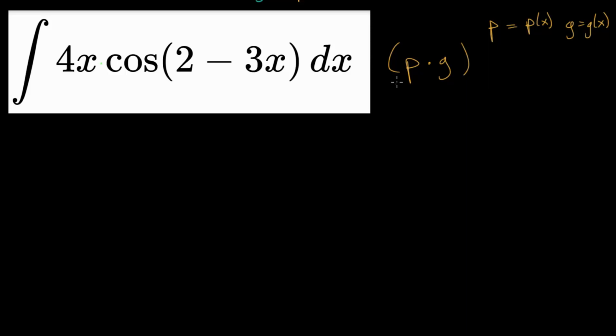If we have this product of functions and we take its derivative, this is equal to the derivative of the first function multiplied by the second function plus the first function multiplied by the derivative of the second function. And with this product formula, this rule for differentiating the product of two functions, we can derive the formula for integration by parts.